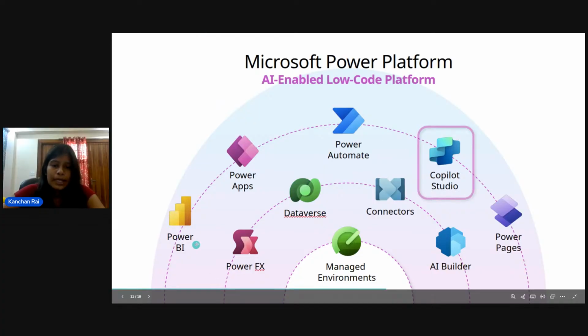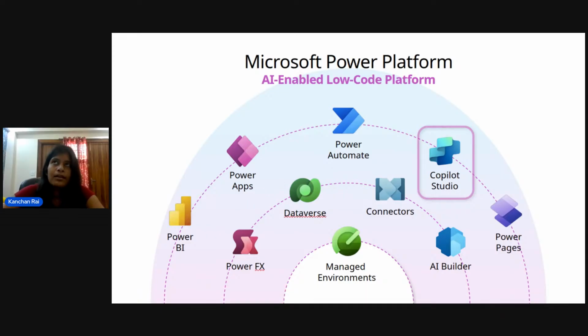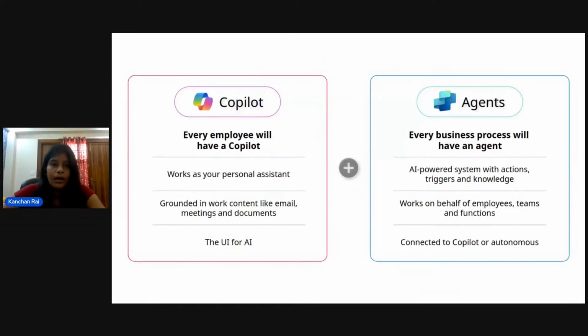You can use many apps and you can add many connectors, flows. This gives you many tools that you can add to your agent. This is completely AI enabled and low code platform. Even if you are not into the domain of coding or software development, you can build your agent quite easily. So this has the capabilities of Copilot, which is again our assistant, which is built on top of GPT.